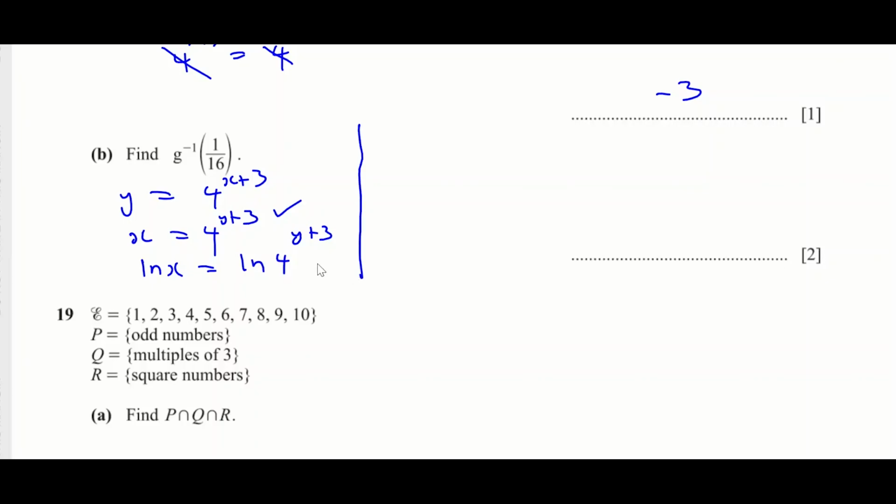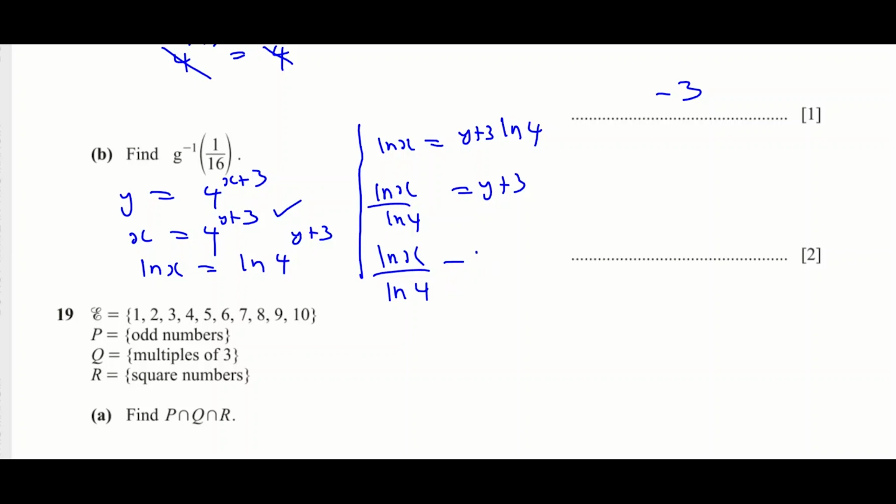So I can now write this as ln x equals y plus 3, ln 4. So I can now divide both sides by ln 4. So this will be ln x over ln 4 equals y plus 3. Finally, ln x over ln 4 minus 3 equals y.